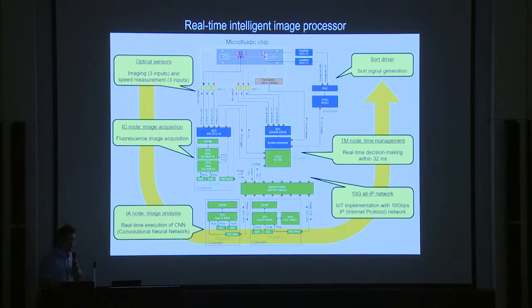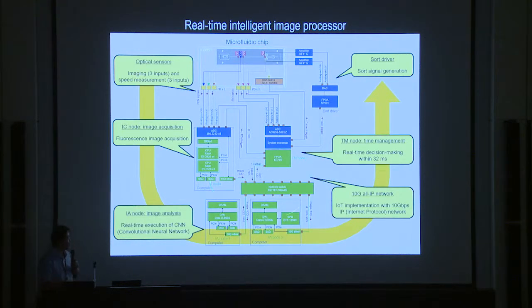And this is the schematic of the real-time intelligent image processor, because it's a microfluidic chip. Basically, 6 signals come in, speed signals and image signals. On the IC node, we reconstruct the fluorescence image. On the IA node, the image analysis node, we perform a real-time execution of a CNN, or convolutional neural network.